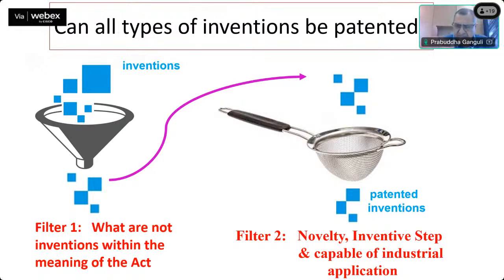And if it is not considered an invention within the Patent Act, then you will not get a patent. Why? Because the Act itself is saying that if it falls in this list, then it is not patentable because it is not an invention. The Act does not recognize that as an invention.